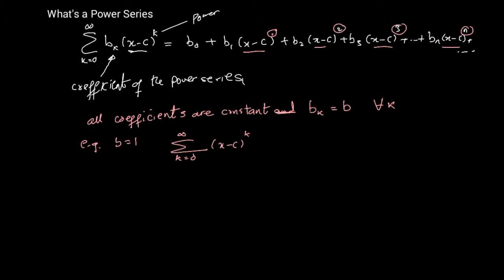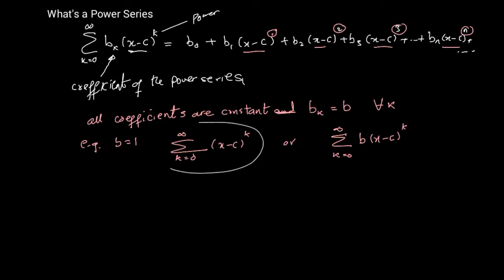In the same way, with it being b, you have the sum from k equals 0 to infinity of b into x minus c to the k. As long as the b doesn't change, both of these behave similarly.